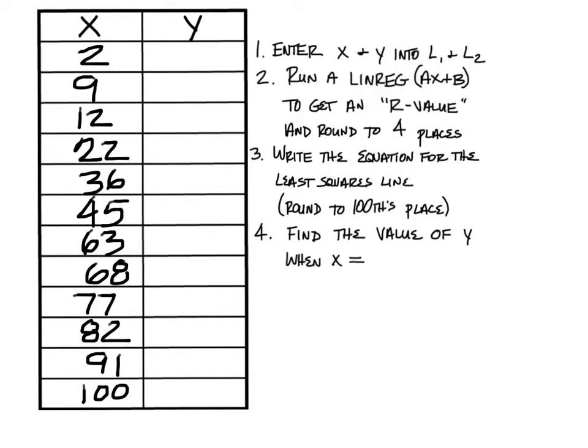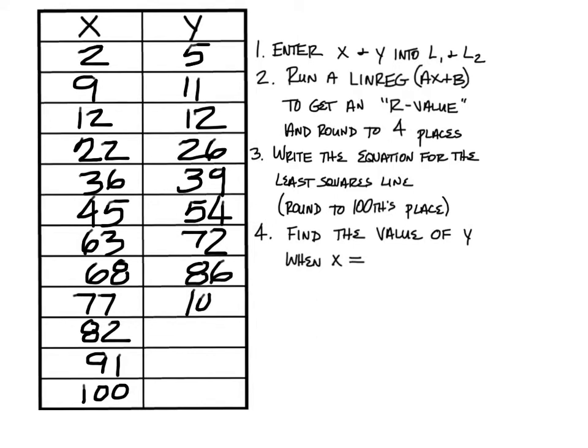Your Y values will be 5, 11, 12, 26, 39, 54, 72, 86, 102, 119, 128, and 142. Follow the directions that are listed. If it says to round to 4 places, then you must round to 4 places, and so on.